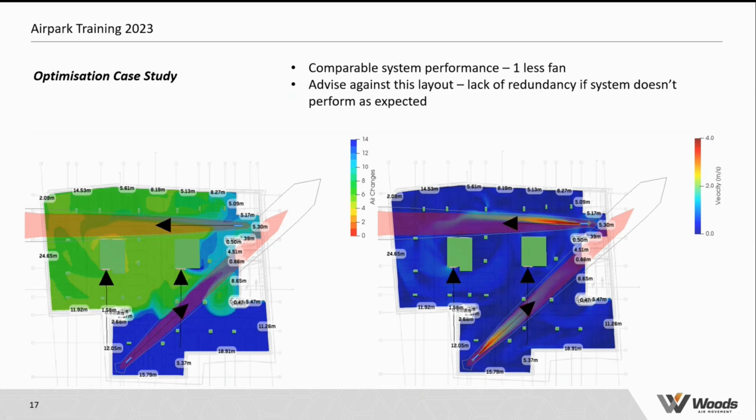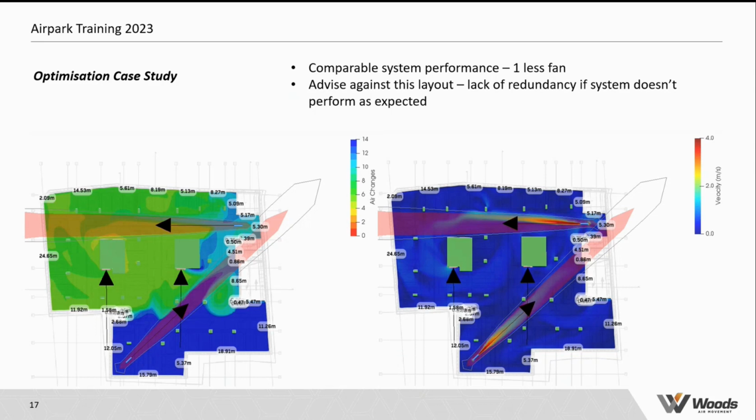However, would I propose this system in an actual proposal? No, I would not. Within any CFD analysis, there is and will always be some degree of uncertainty. As mentioned before, with AirPark, the program has been more focused towards speed of returning of results rather than 100% accuracy.